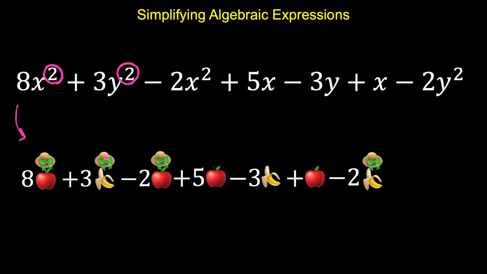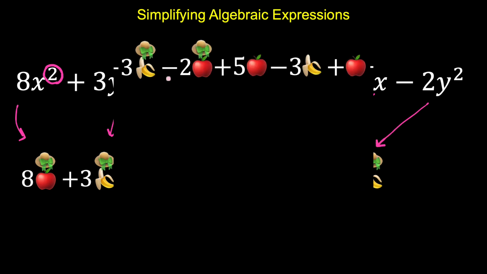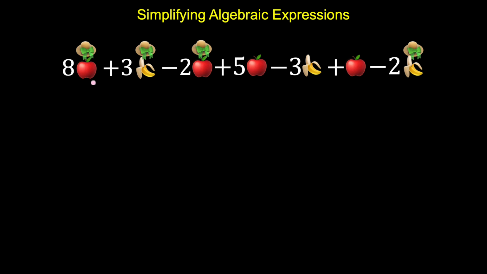Y was a banana and I consider the power as a hat, so I write 3 bananas with hat, minus 2x squared is minus 2 apples with hat, plus 5x is 5 apples, minus 3y is minus 3 bananas, and x was apple, minus 2y squared is minus 2 bananas with hat.